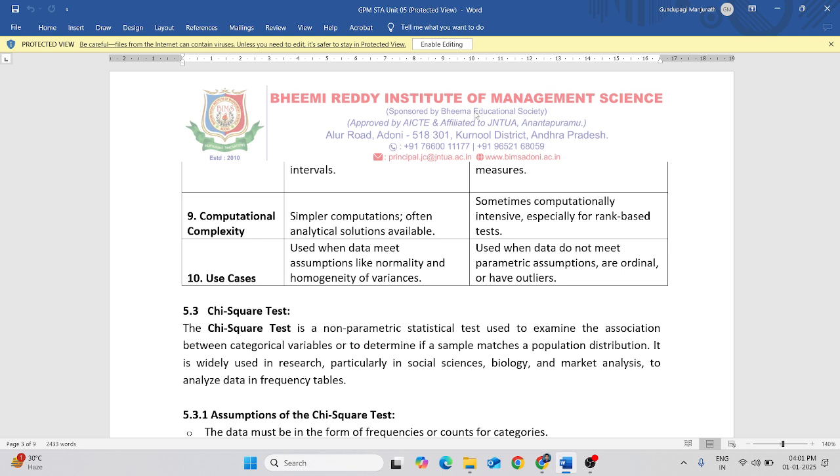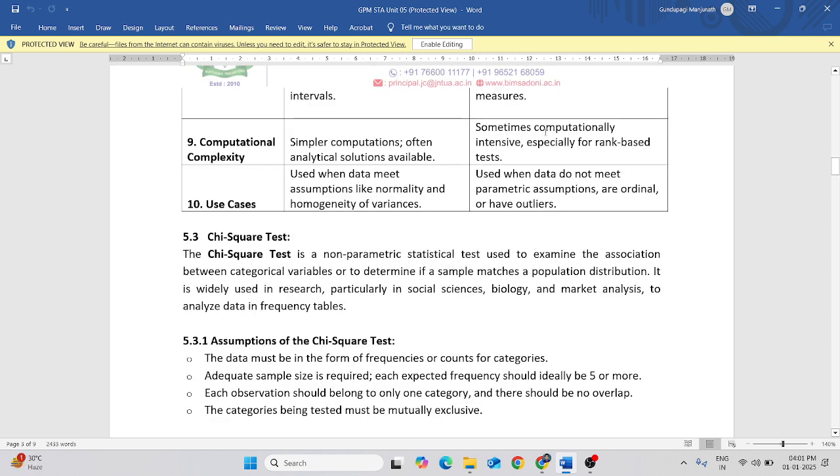But with chi-square tests, a 2 by 3 table is easy to solve, as are 3 by 3 and 4 by 4, but when columns and rows keep increasing, it becomes more complex for us, especially with rank based tests.